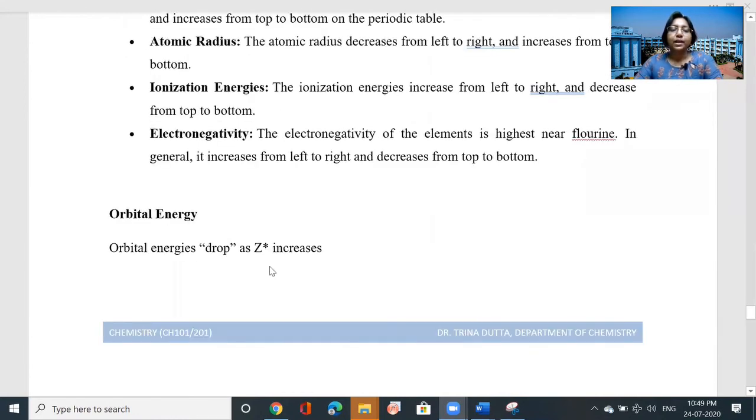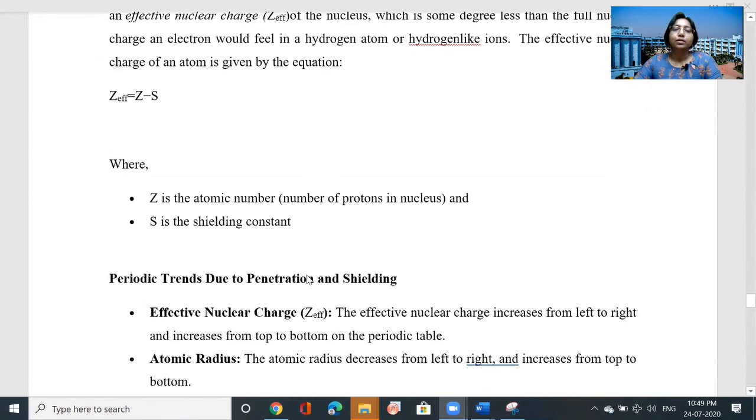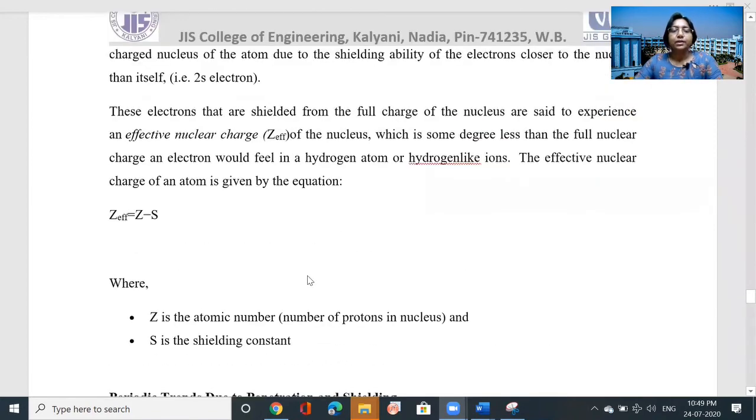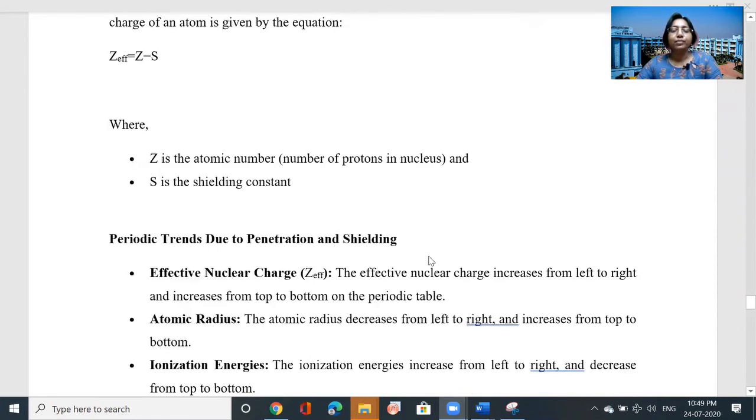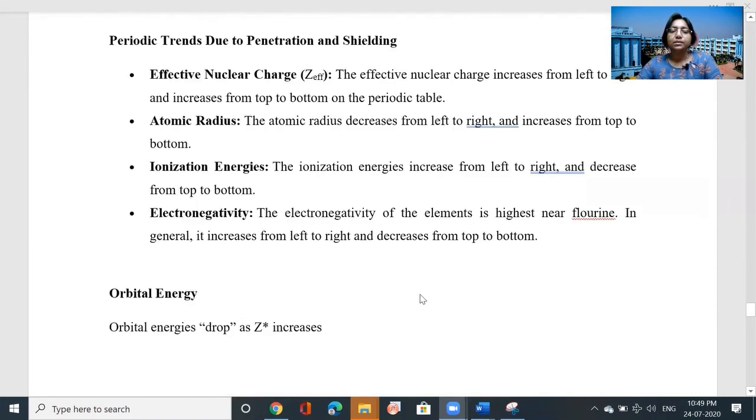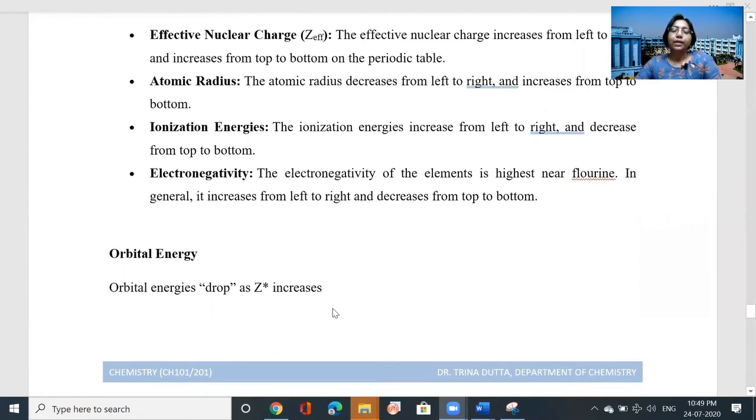The orbital energies drop as Z increases. Z means the effective nuclear charge. If the effective nuclear charge increases, the orbital energy drops.